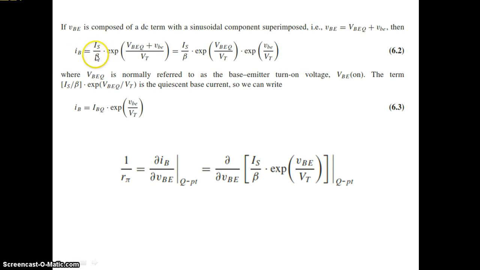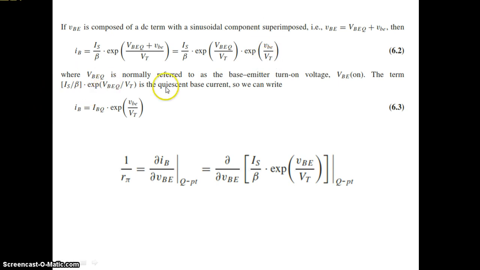Instead of IC, I am putting IS by beta into exponential of VBEQ plus VBE, all divided by VT. Remember, for an exponential, addition inside the power can be taken as a product. So IB equals IS by beta exponential VBEQ by VT into exponential VBE by VT.